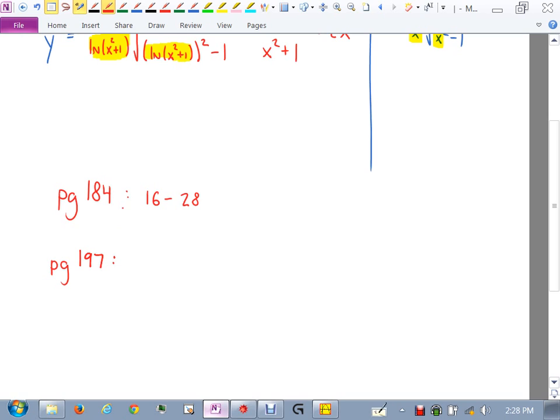Okay, well, L'Hopital's rule, you have to go through an appropriate amount of suffering here. 1 through 37 odds. That's a lot of work right there.